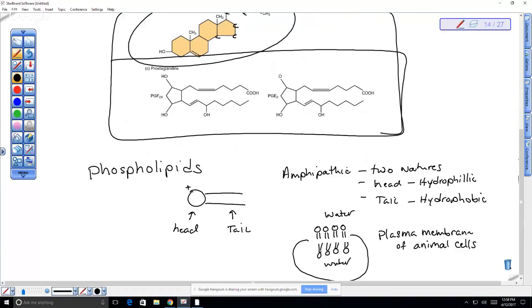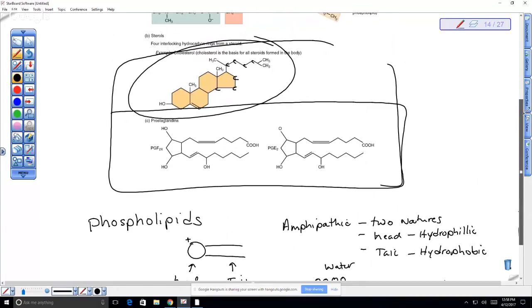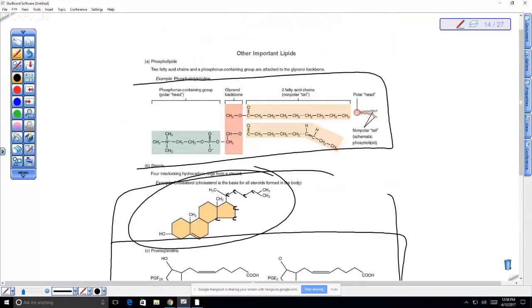So if we look at the tail of this molecule, okay, this is a phospholipid molecule right here. Okay, so the head has a positive nitrogen. I don't know if you can see that, but there's a positive nitrogen right there. But notice that it is just made up of atoms, right? And the tail, when they put these two dotted lines right there, that means it's actually a much longer hydrocarbon chain.